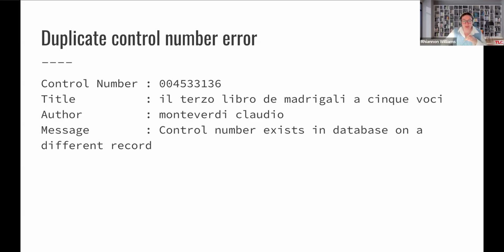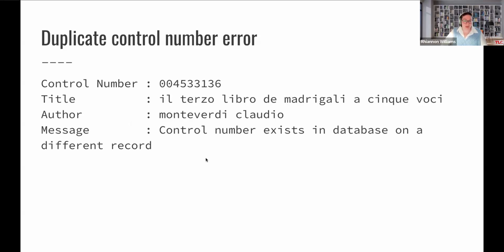A very common way that you may encounter this is if you had some records in your database and you're not on version 5.9 or the upcoming 5.10, where change format is available, and you chose to export your records out, change the format in an external MARC editor, and you want to bring them back in, but you chose to use normal import or normal import replace existing content rather than the only match on control number option, then it will give you this error. Sorry, that the control number exists in the database on a different record.